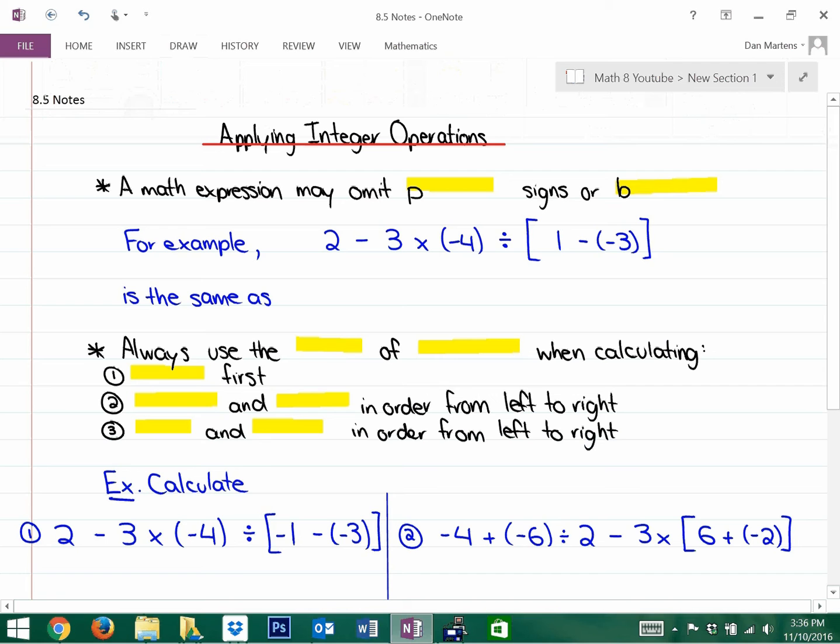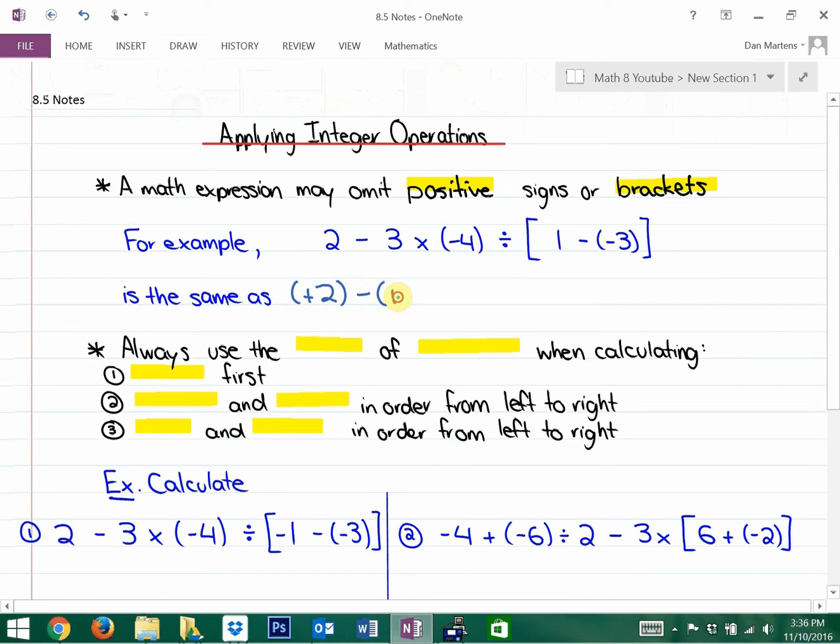First of all, something to be aware of is a math expression can omit positive signs or brackets. So it's just something to look out for. For example, if you saw the question 2 minus 3 times negative 4 divided by, and then big brackets, 1 minus negative 3, that could be the same as positive 2 minus positive 3.